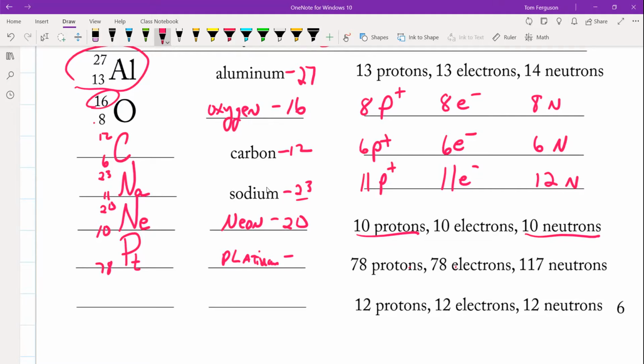And what isotope is it? Well, 78 and 117 is 195, right? Yeah. Okay, so that's platinum 195. Are we okay so far? Yeah.